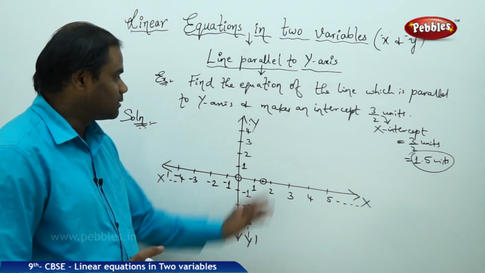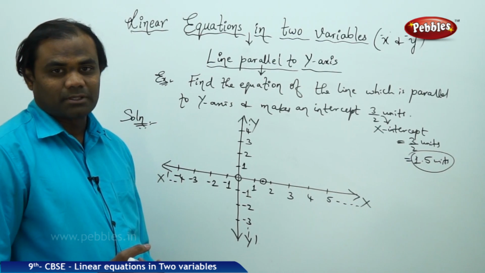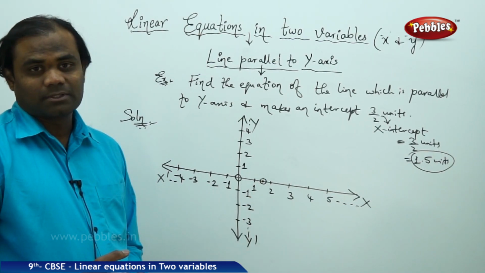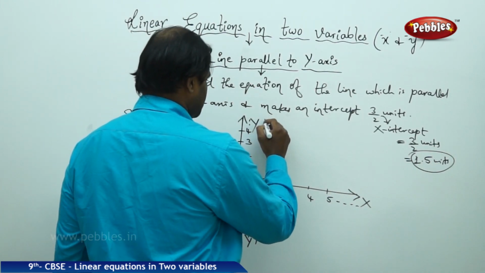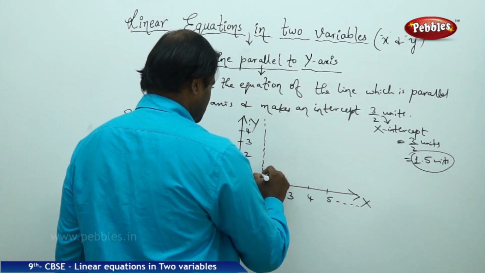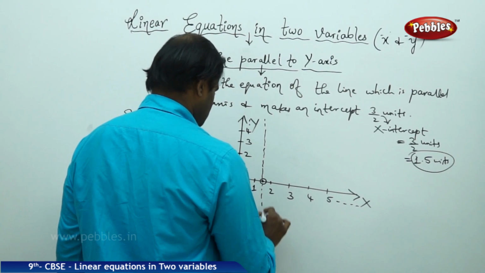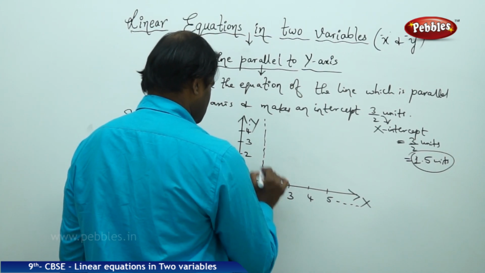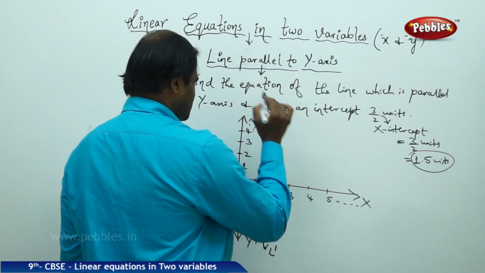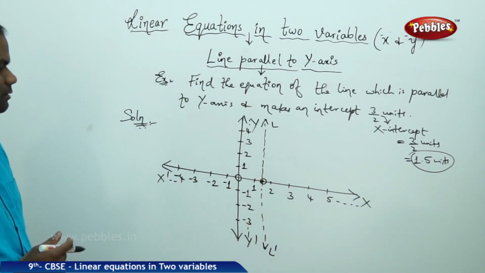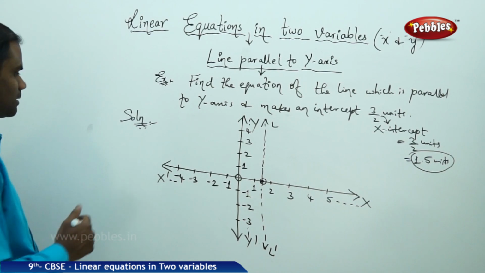So let's draw a line parallel to y-axis and passing through the x-intercept 1.5 units. This is the line. L dash is the line which passes through the x-intercept.